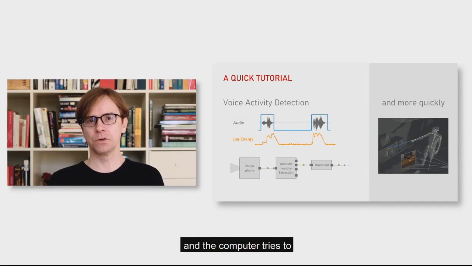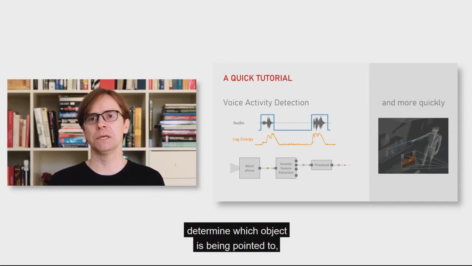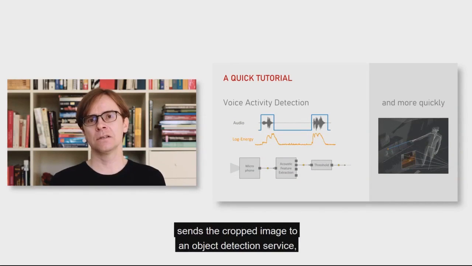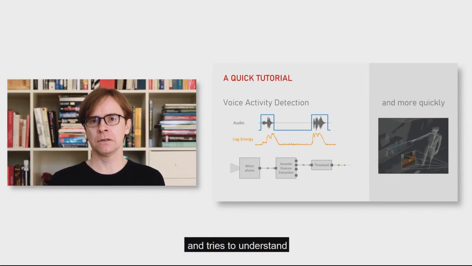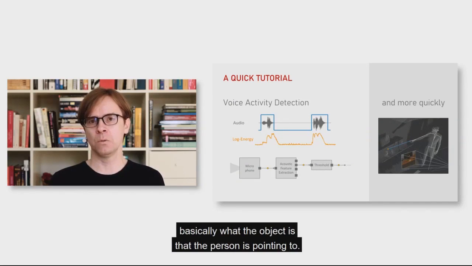The computer tries to determine which object is being pointed to, sends the cropped image to an object detection service, and tries to understand what the object is that the person is pointing to.